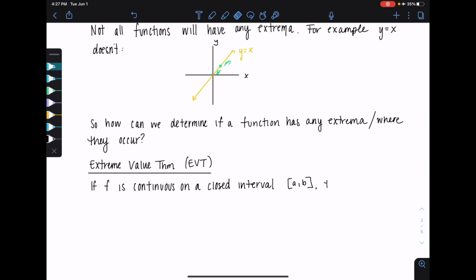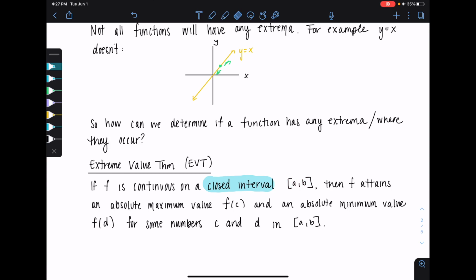And what this says is if you have a function that's continuous on a closed interval, keyword being closed interval, so it's continuous at the endpoints, then f attains an absolute maximum value, so some y value, and an absolute minimum value, somewhere in between this interval from A to B.